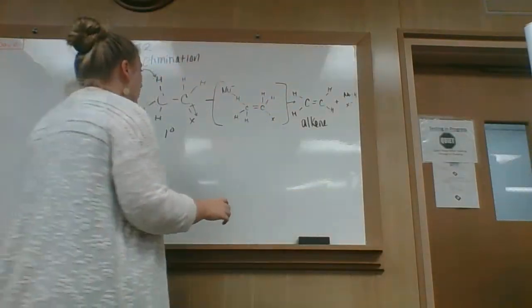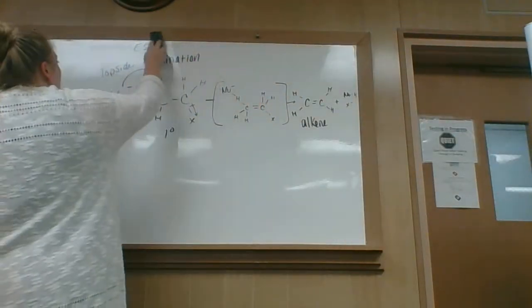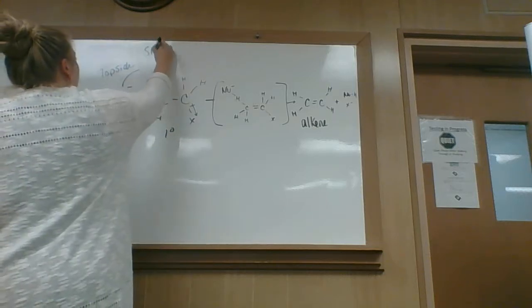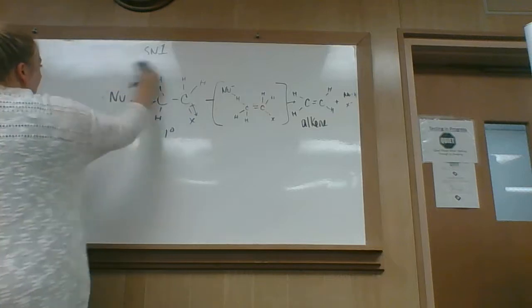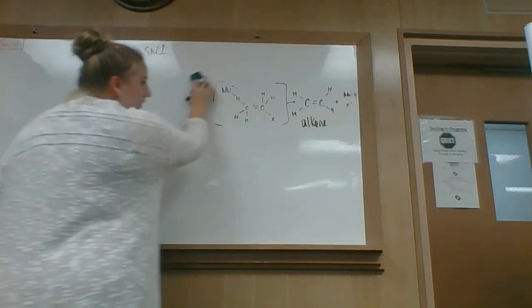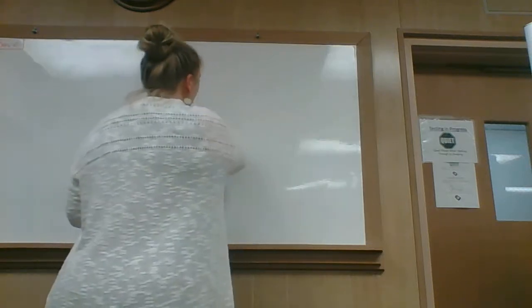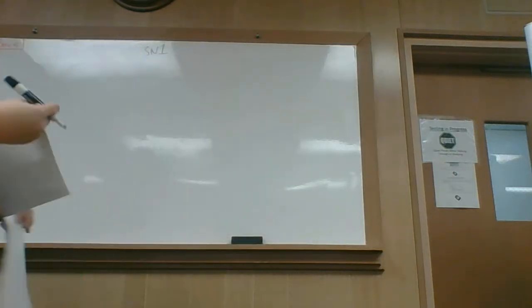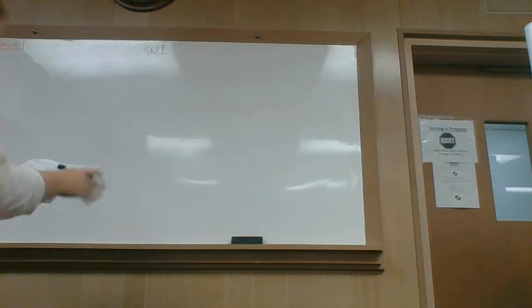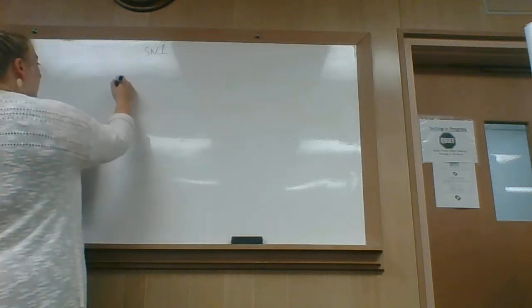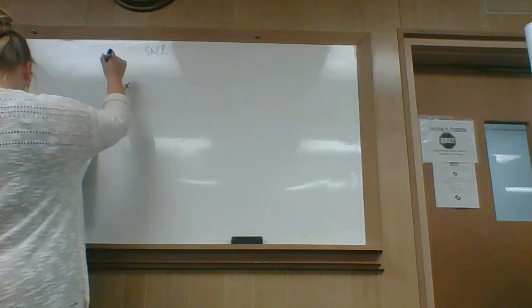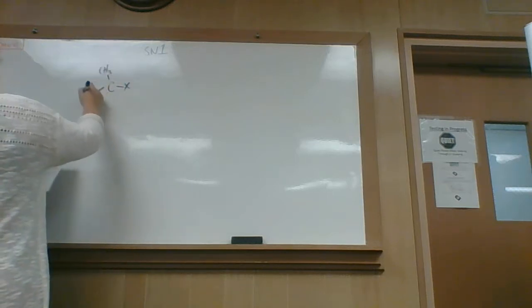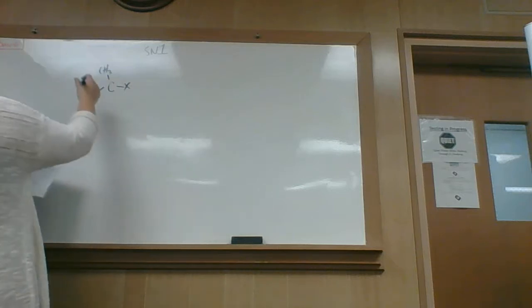I'm going to move on to SN1. Okay, so we know that SN stands for substitution nucleophilic. What does the 1 stand for? Unimolecular. Unimolecular, good. So how does that differ from bimolecular? Only the concentration of what's the word I'm looking for? One reactant? Reactant. There you go.